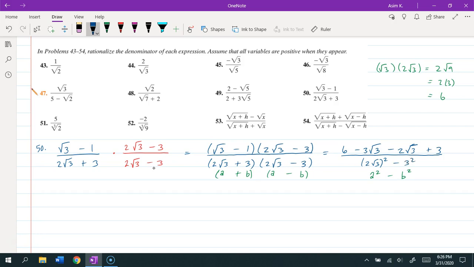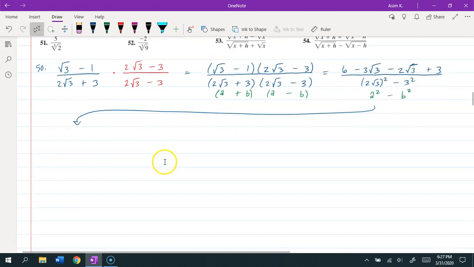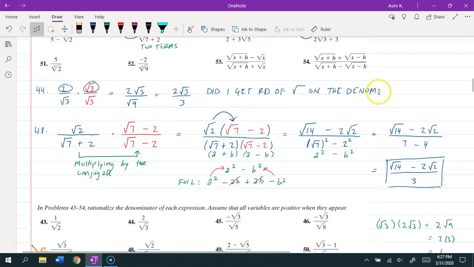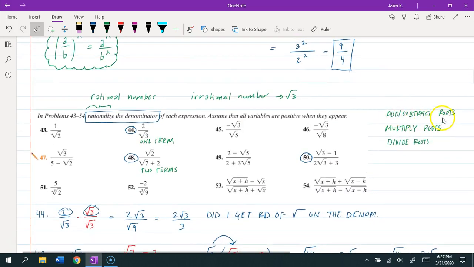So now ask yourself, how am I supposed to work with this? I'm going to pull that problem out to the left here so we can continue with it. In the top, you're going to have negative 3 root 3 and negative 2 root 3. Now notice how these are being added and subtracted. So you have to ask yourself, what is the rule for adding and subtracting roots?